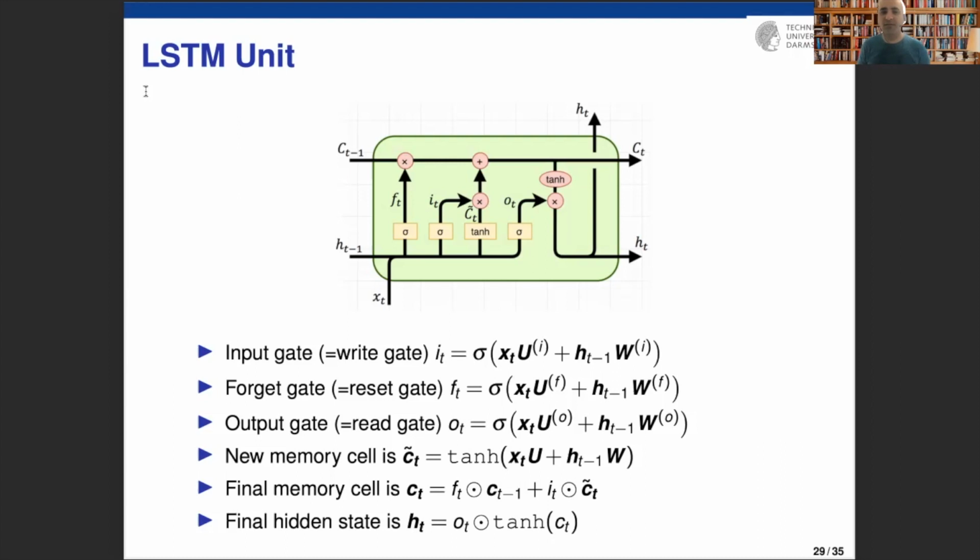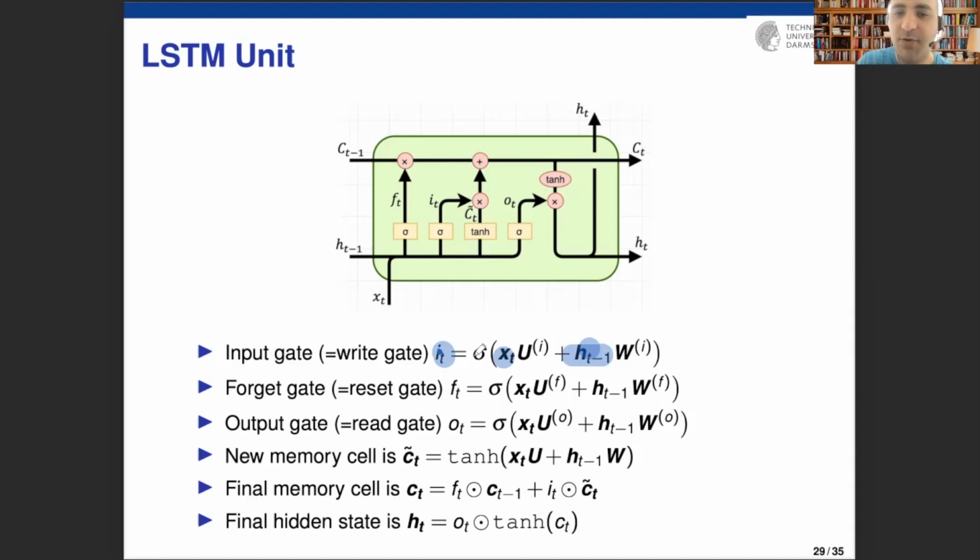The LSTM unit contains three gates: input gate, forget gate, and output gate. For the input gate, the value of the gate is, as we discussed, a linear combination of the input token and the hidden state. So you multiply each input by a matrix and you sum them up, and you obtain a gate value.